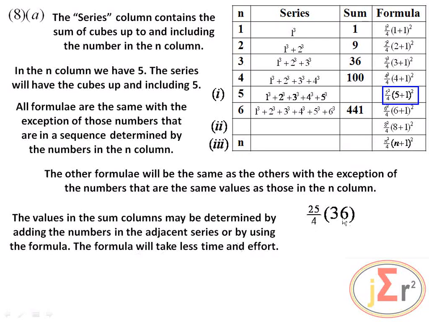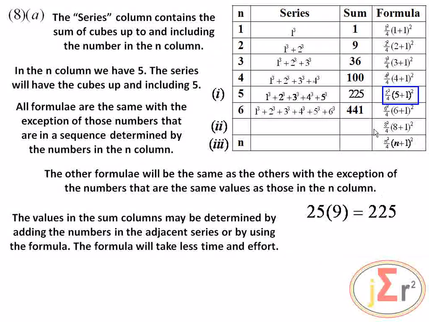We are multiplying by 36. We may say 4 into 36, making our life a little bit easier. 4 into 36 is 9. 25 times 9, and that is equal to 225. Anything else to be completed?